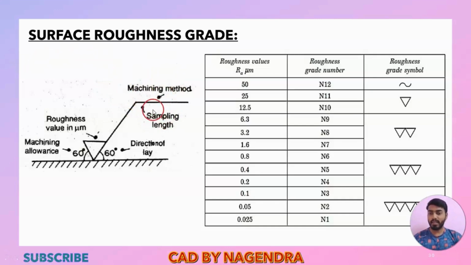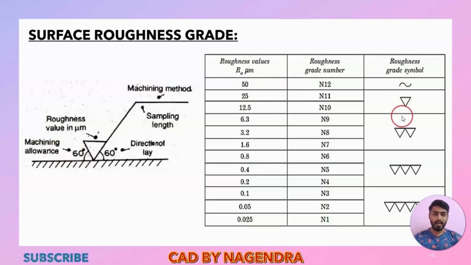Again, sampling length we need to mention here. Direction of lay we need to mention here. Direction of lay means that, for a reference surface, the finishing operation should be applied parallel or perpendicular to the surface. We will see that in the next slide. Then the roughness value, how much value we need to maintain for that surface finish. Then the machining allowance we need to give.